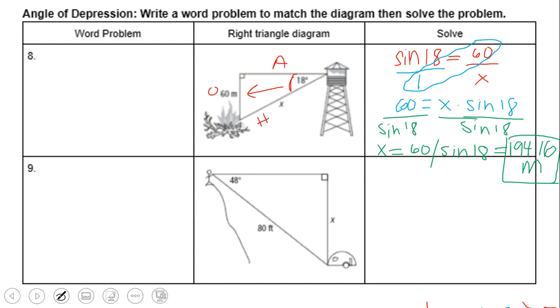Now, the tricky part is writing a word problem that goes along with this. So I'm not going to have enough space, but maybe you say a person is in the tower and they notice that there is a fire at a campground.